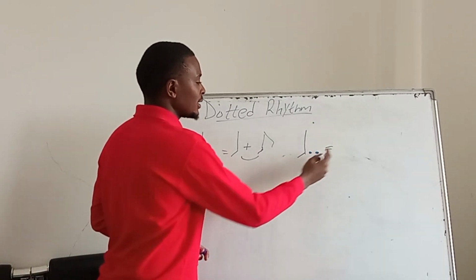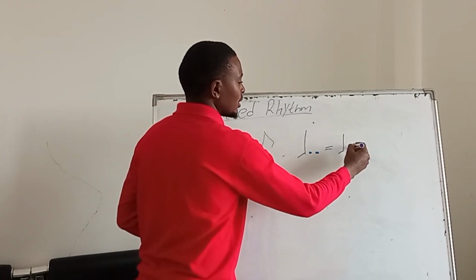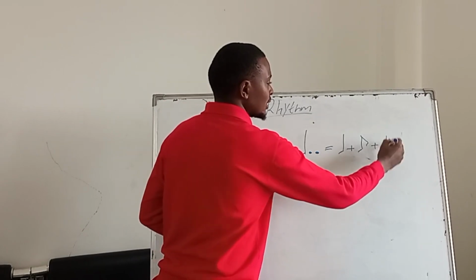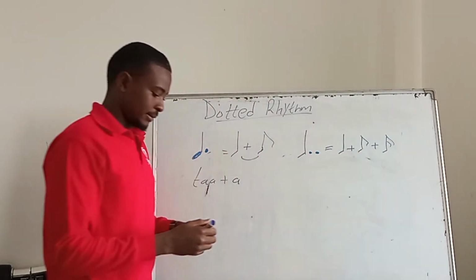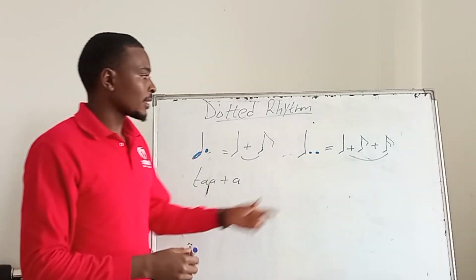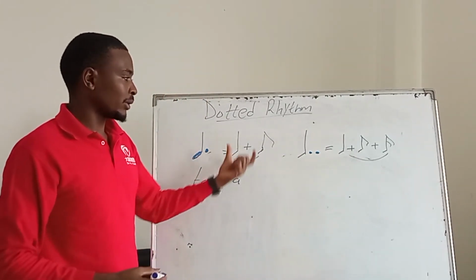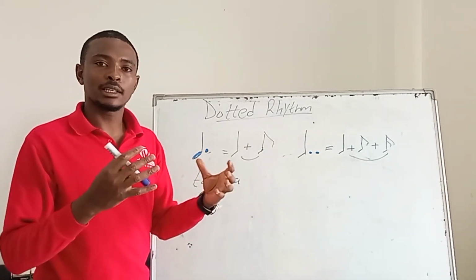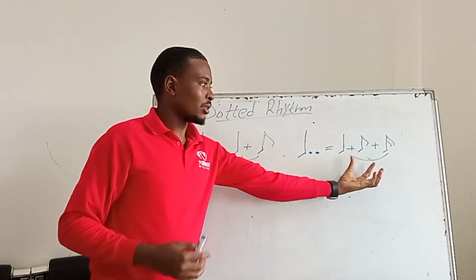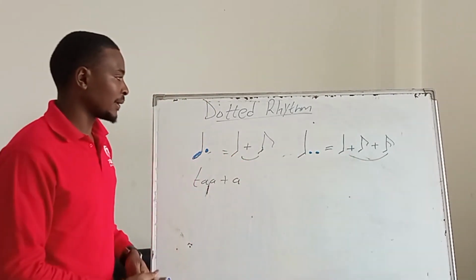So in this one, the value of this note here will be a crochet, you add a quaver, you add a semiquaver, all of them played together. So when you are clapping or singing, you have to make sure that this value is as long as whatever is indicated here on the right hand side.